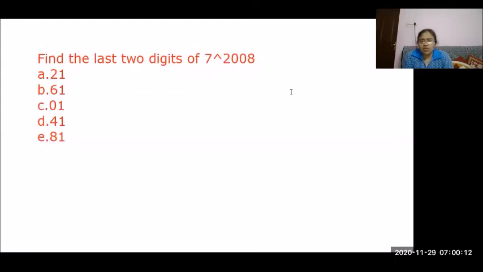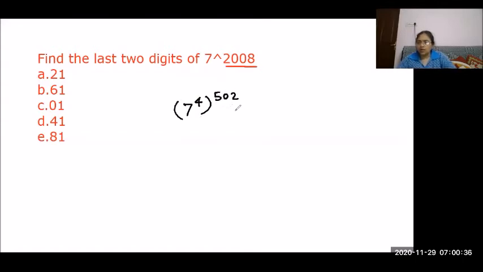Find the last two digits of 7 to the power 2008. This came in the 2008 CAT examination. So how to find 7 to the power 2008? We know how to find 7 to the power 4 to the power 502, as it is a multiple of 4.